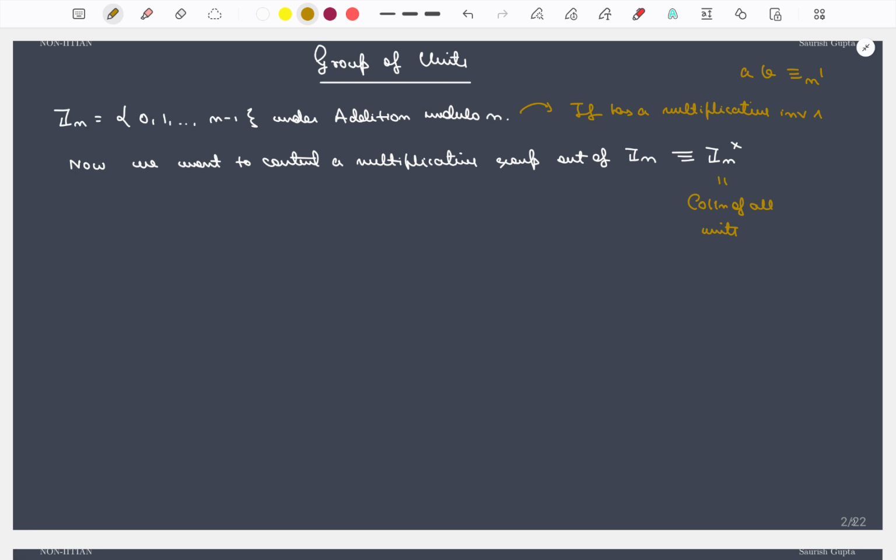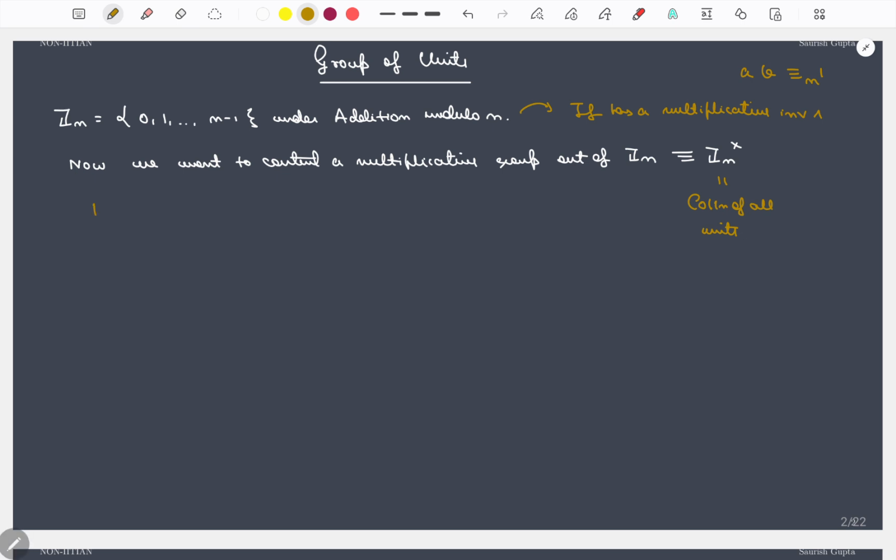And obviously, if we form a collection of all units, then that will abide by every property of a group under multiplication, right? Because 1 is obviously a unit, since 1 times 1 is congruent to 1 modulo n, and by definition every element will have a multiplicative inverse. Multiplication is associative by its nature, and it will obviously be closed.